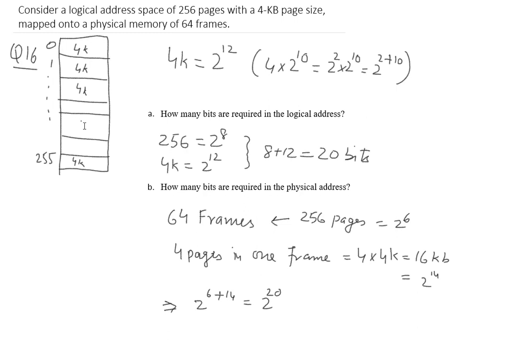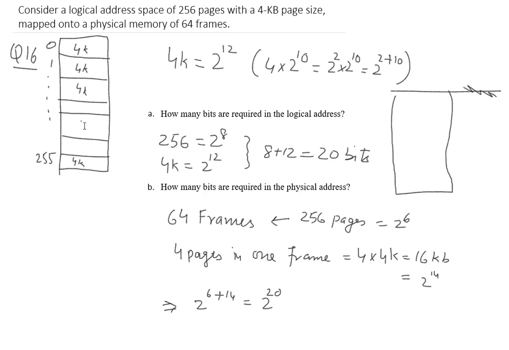So actually the RAM can be something like this. Let me try to make a clear picture. Let me start from here, and then I go down here until here.